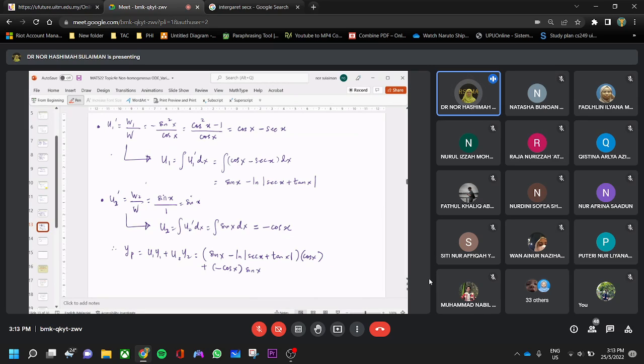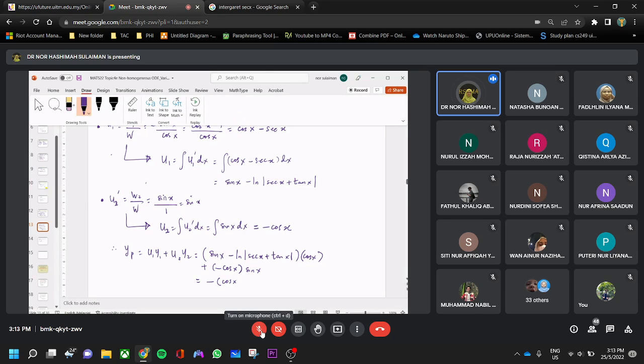Boleh tak kita ringkaskan benda ni? Nampak tak? Kalau you darabkan yang ni sin x dengan cos x, dia boleh tolakkan yang ni tau. Tolak cos x sin x kan boleh slash out kan? Boleh. So kita dapat apa jawapan dia? Negatif cos x. Ataupun saya tak naklah kurungan banyak sangat ni. Just omit the bracket.